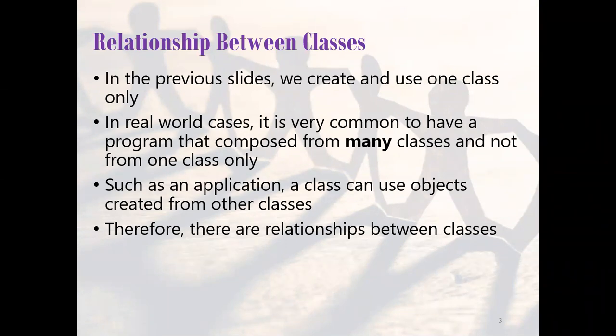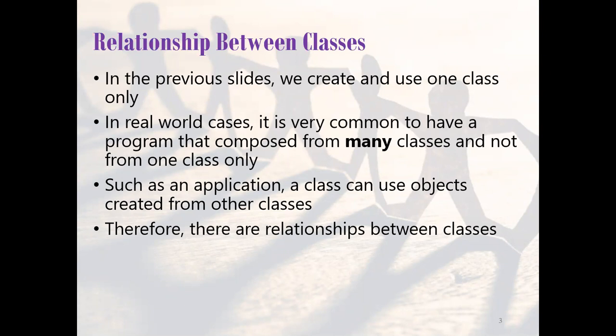Now, in the previous discussion before, we only created one class. We created a fraction number class, we created an hour class or time class before, and these classes are not really related to each other. Now, in reality, commonly classes relate to each other, or in other words, objects can relate to each other.